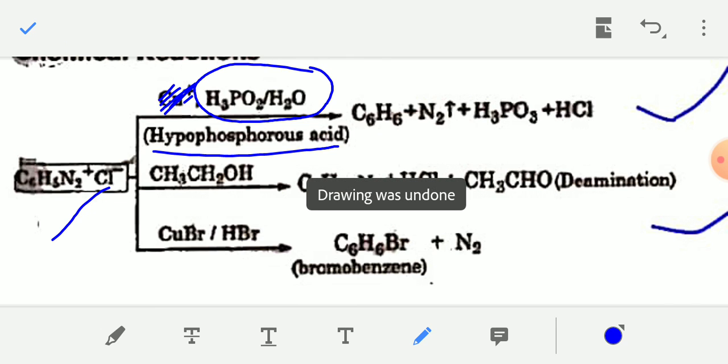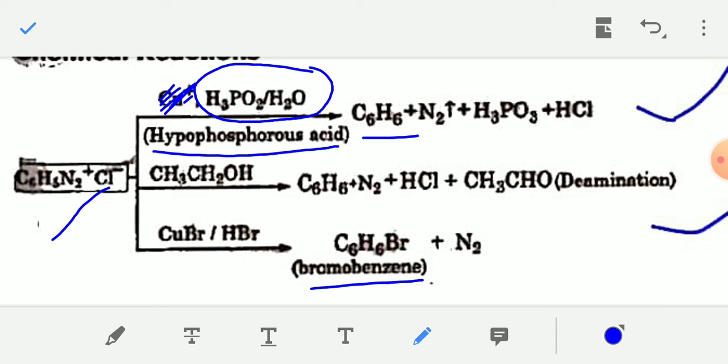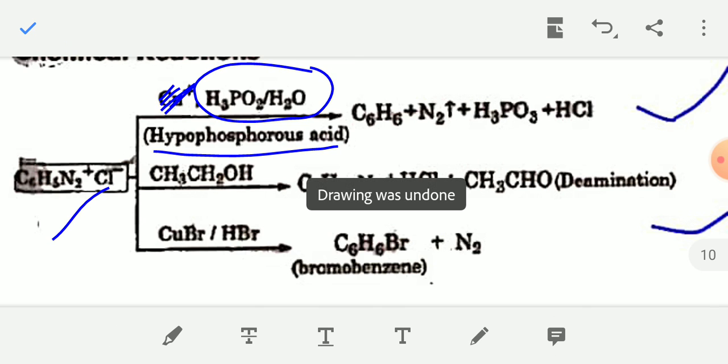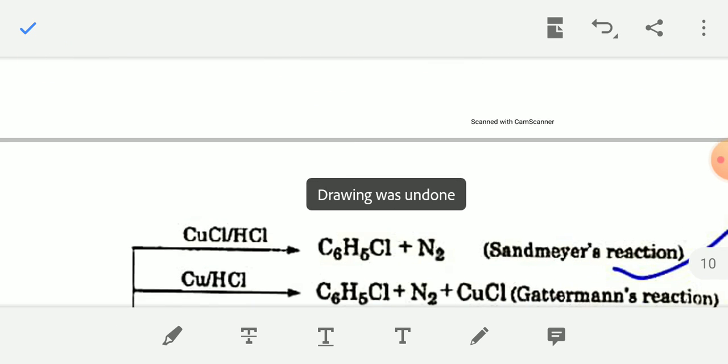Okay, and when benzene diazonium chloride reacts with CuBr in HBr, it will be converted into bromobenzene.